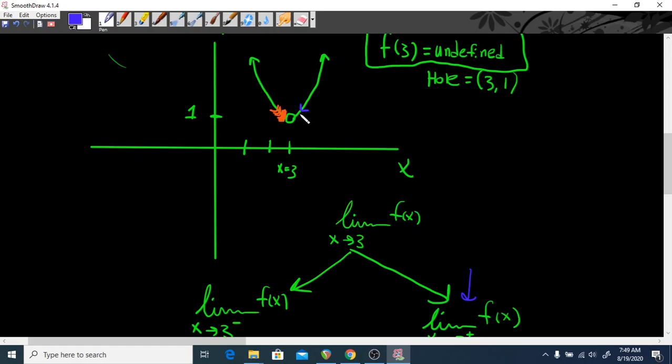Okay, and we're back. So, as I sketch closer and closer and closer, again, that's what the limit's all about.